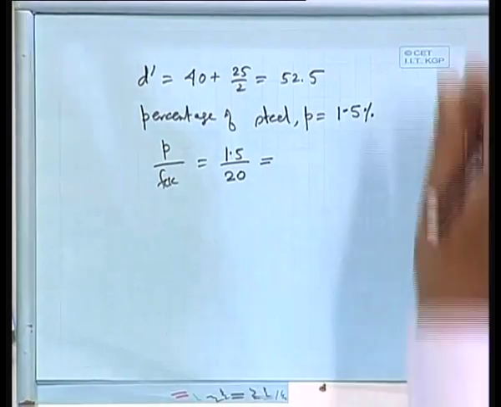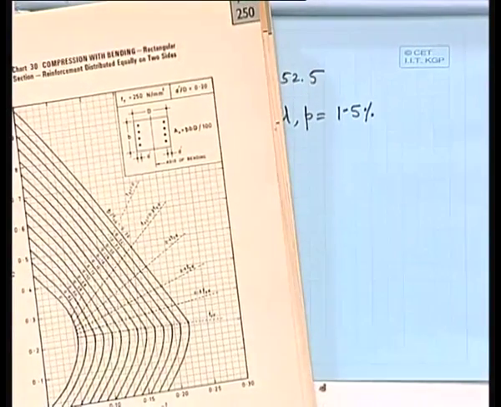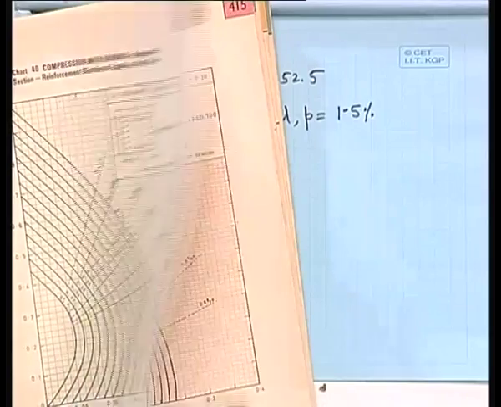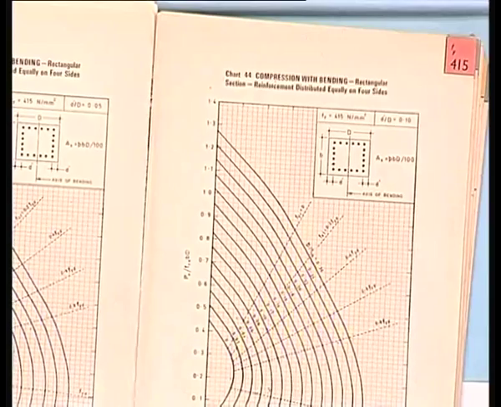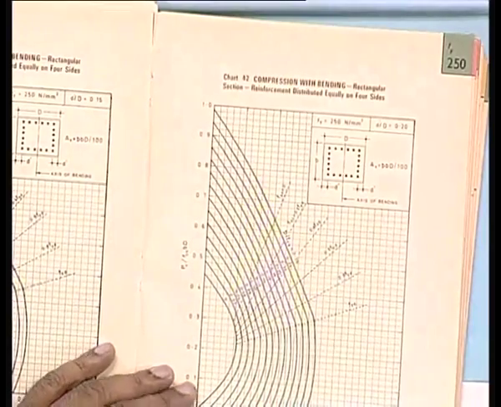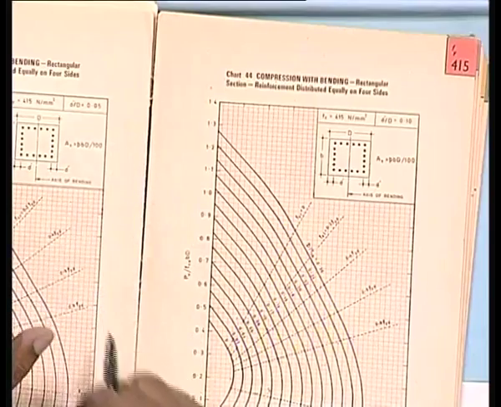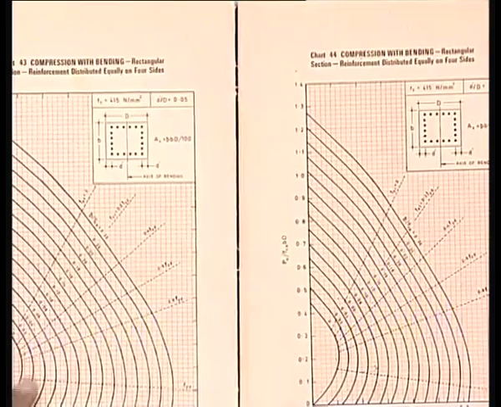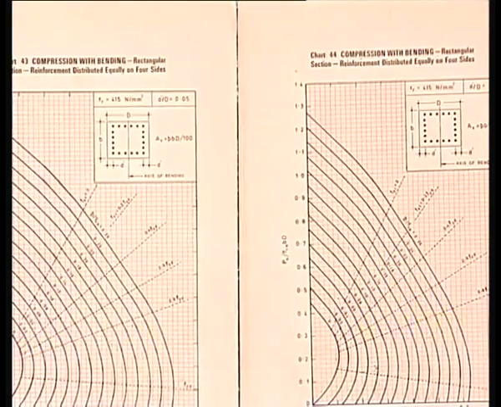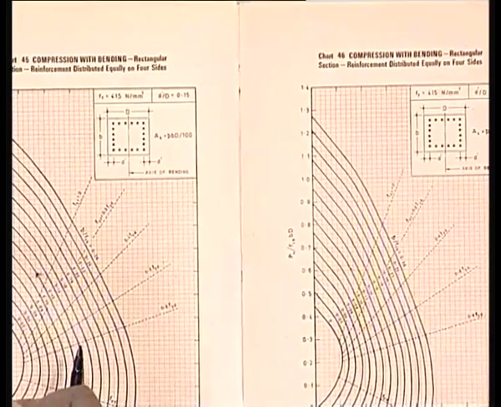or we can do some tricky thing, I think. Let us take a section, we shall go a little far, and see what SP16 says. Our chart will start from, we shall assume that we shall provide the reinforcement on all four sides, because we are talking about biaxial bending. Our charts start from chart 43, 44, 45 and 46.